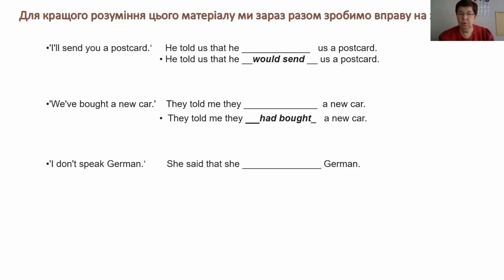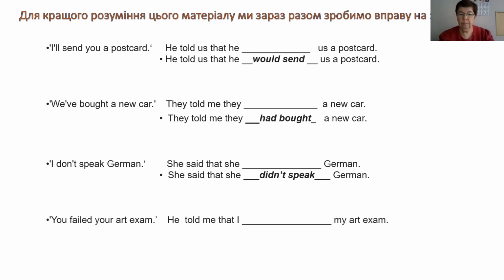I don't speak German. She said that she didn't speak German. Present simple changed into past simple. You failed your exam. He told me that I had failed my exam.